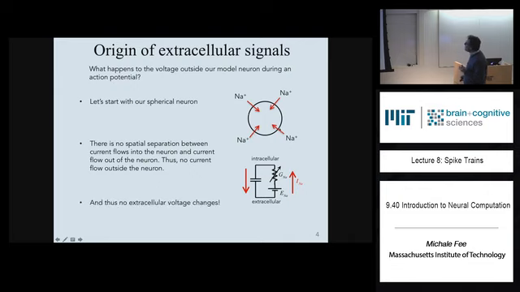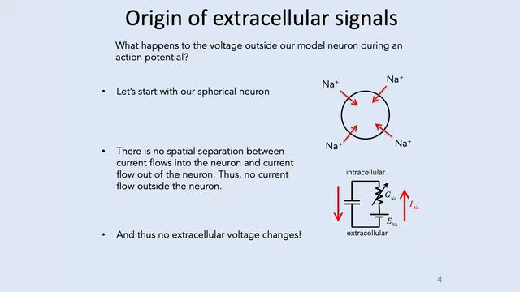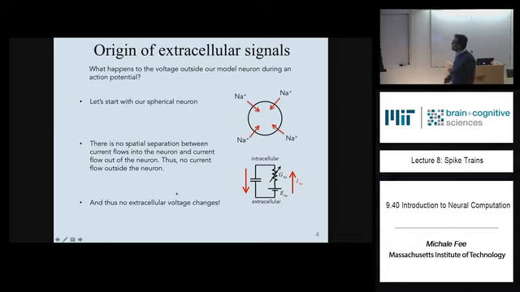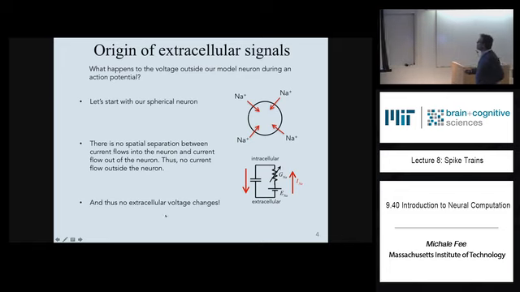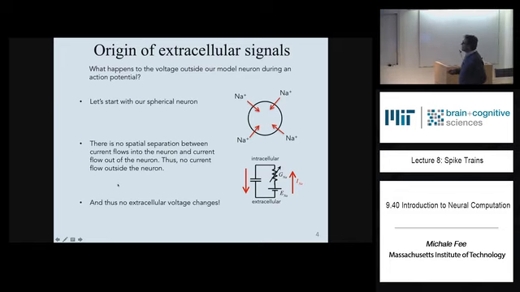Okay, and as a result of that, there's actually no current flow in extracellular space, and so there's no extracellular voltage changes. The first lesson from this is that if we were to record in extracellular space from a spherical neuron with no dendrites and no axon, we would actually not be able to measure any extracellular voltage change.